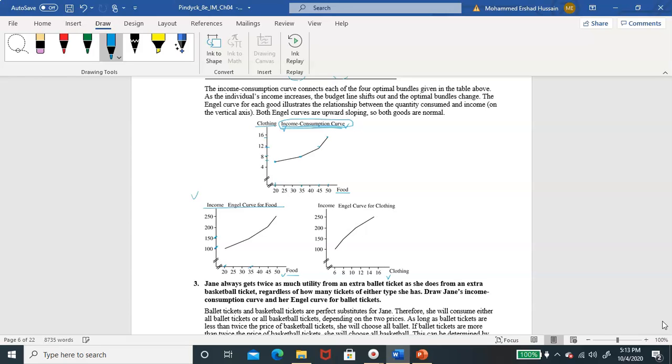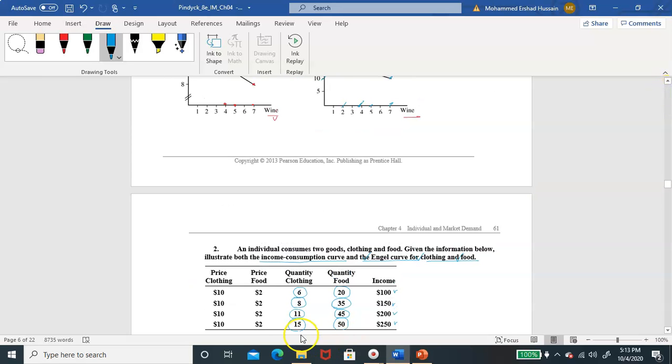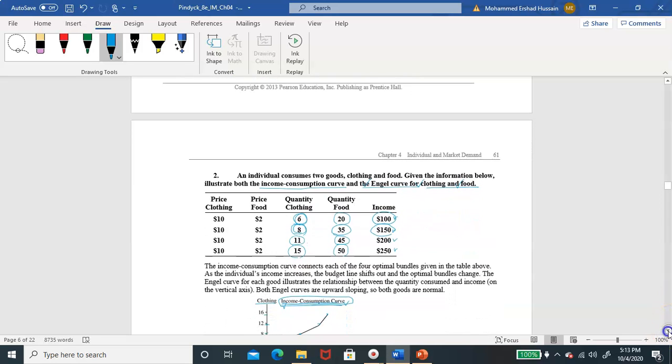Here similar for clothing. Their demand for clothing is 6 when income is 100. When income is 150, their demand for clothing is 8. See? So when income is 150, demand for clothing is 8, and when income is 100, demand for clothing is 6. So we are plotting that information here.